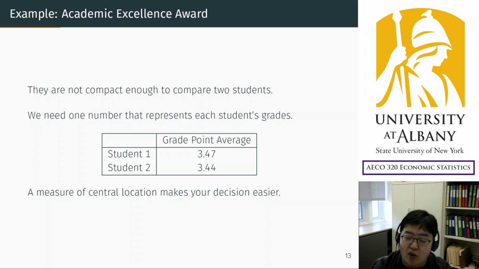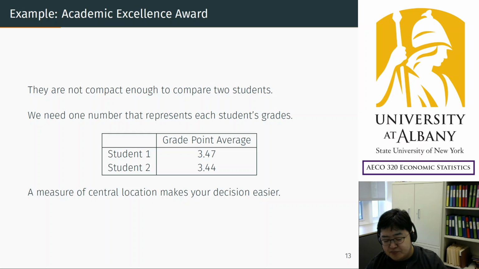GPA of student 1 is 3.47 and the other student has 3.44. So now you can compare which number is greater. I'm going to choose student 1 because that student has the higher GPA. So this is the role of the average.